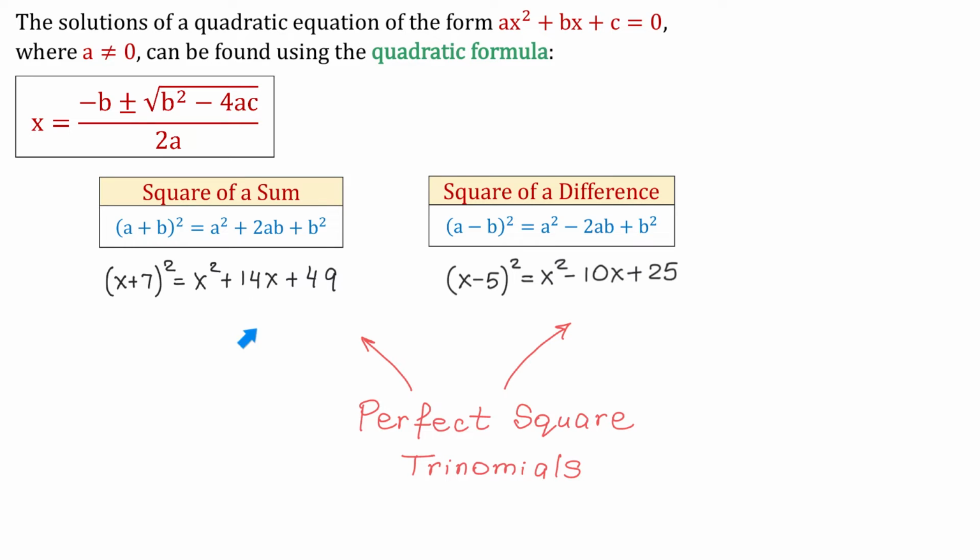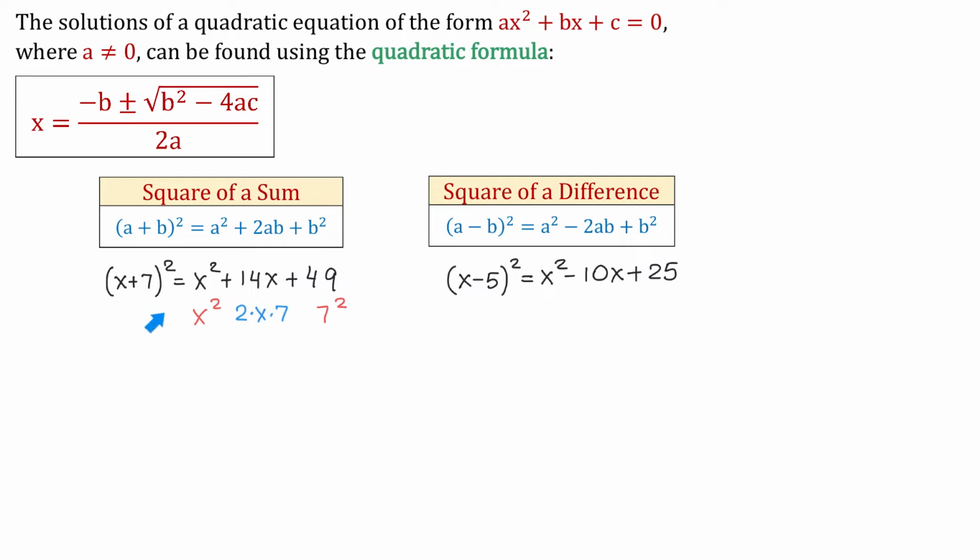The first and the last terms are perfect squares, and that is because we get the first term by raising x to the second power, and we get the last term by raising 7 to the second power. Now, the middle term is the double product of x and 7. So, if we multiply 2 by x and by 7, then we will get 14x.